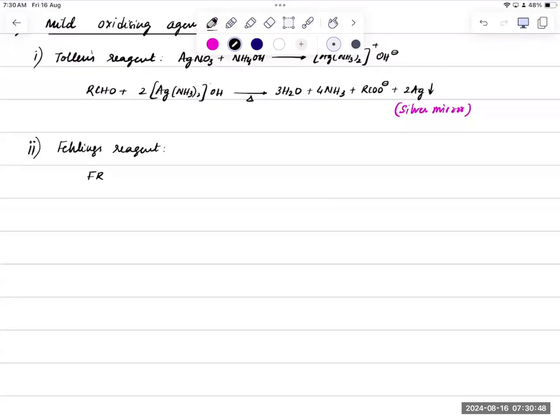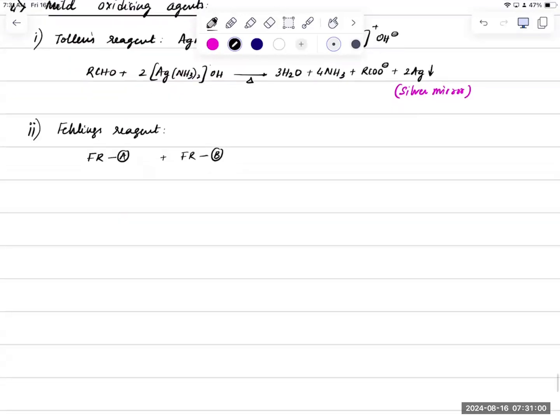We call them Fehling's reagent A plus Fehling's reagent B. Basically, when we say A and B here, A will be aqueous copper sulfate and B will be the sodium or potassium salt of, sorry, not citrate, tartaric acid.